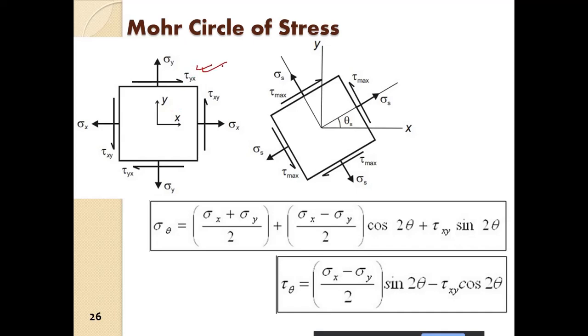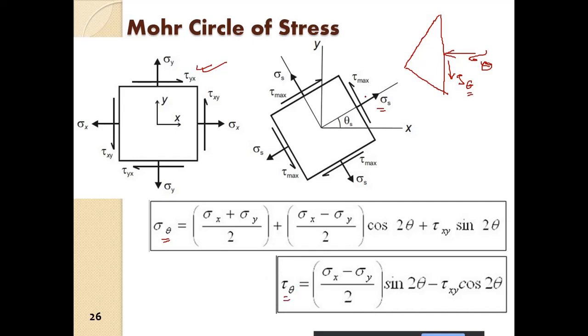So if this is the condition, similarly as I have discussed in the previous case, you take this sigma as shown. This is sigma n, or sigma theta, this is what we require. And this is tau theta, this is what we require.